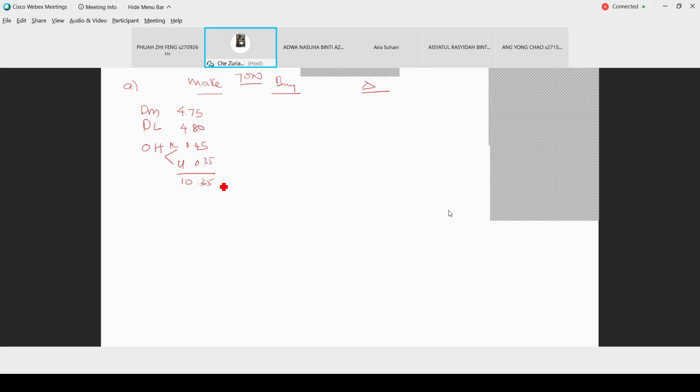So if you make, the variable cost is you times with the 7,000, total should be 72,450. Okay, and then fixed cost involved when making, direct and allocated.